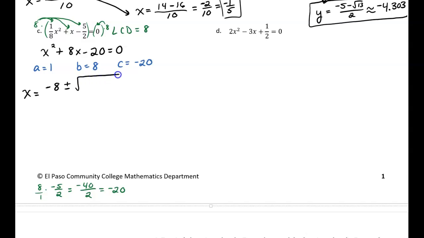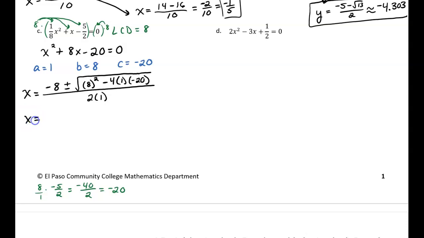Plus or minus the square root, my B value squared, minus 4 times A, which is 1, times C, which is negative 20, all divided by 2 times 1. 2 times the A.